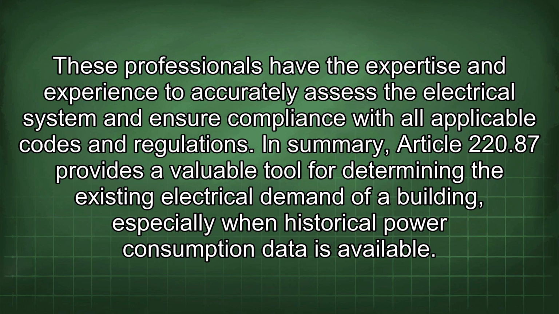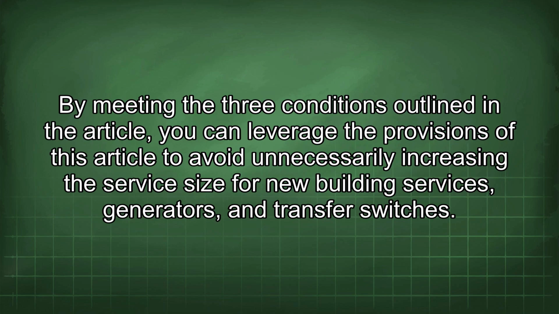and regulations. In summary, Article 220.87 provides a valuable tool for determining the existing electrical demand of a building, especially when historical power consumption data is available. By meeting the three conditions outlined in the article, you can leverage the provisions of this article to avoid unnecessarily increasing the service size for new building services, generators, and transfer switches.